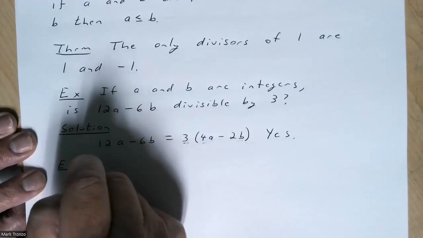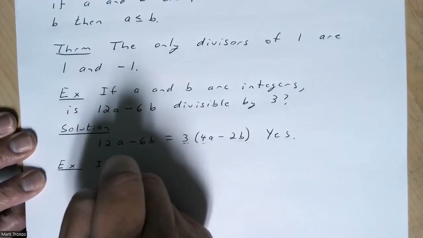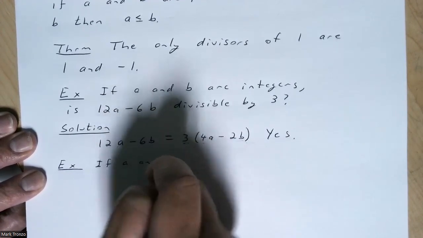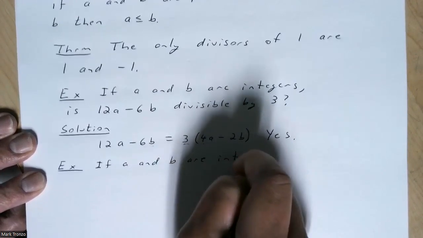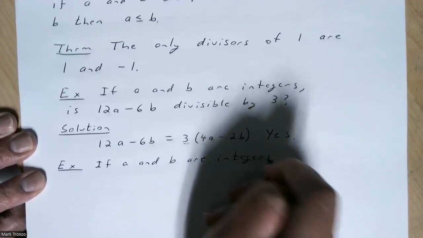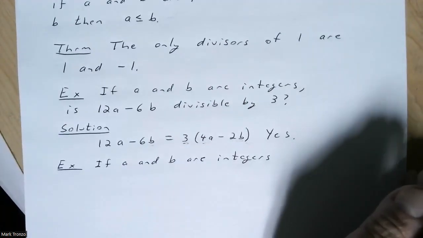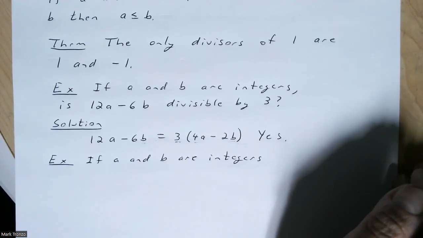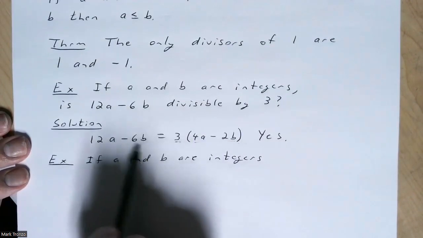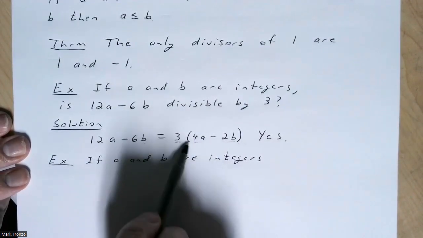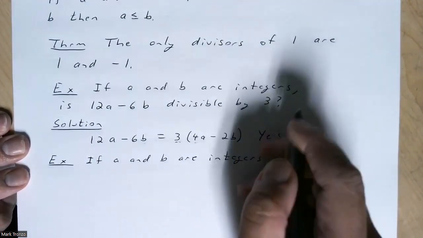Another example, if A and B are integers. And actually, to tell you the truth, A and B really don't even have to be integers for this to be true, because this would still be divisible.